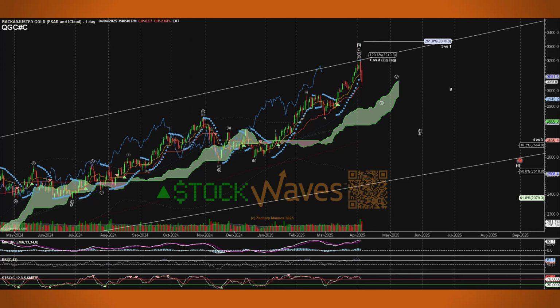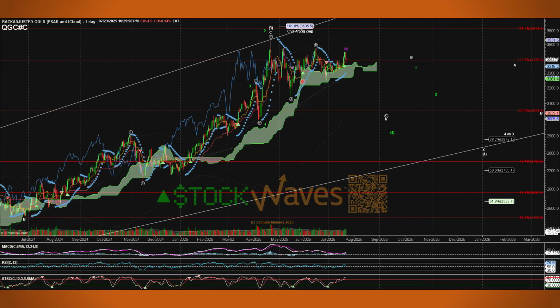So this could have been starting the 4th wave from there, but we're looking for initial support in the 3000 region as the A wave, and then a decent bounce to be caught by that cloud. And we did catch support there as the A wave, and then got more than just a bounce and started to extend. Once it got a little bit more than ideal for the B wave, it then ended up flipping the PSAR again, which I think I have on the next slide.